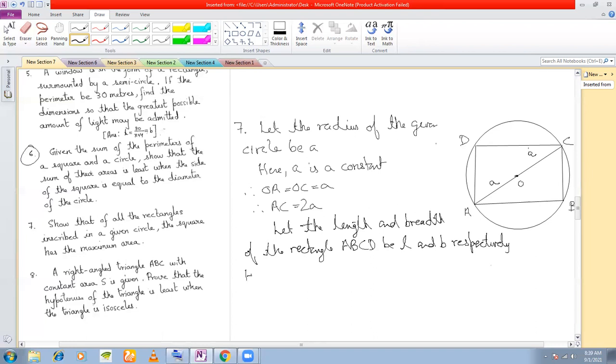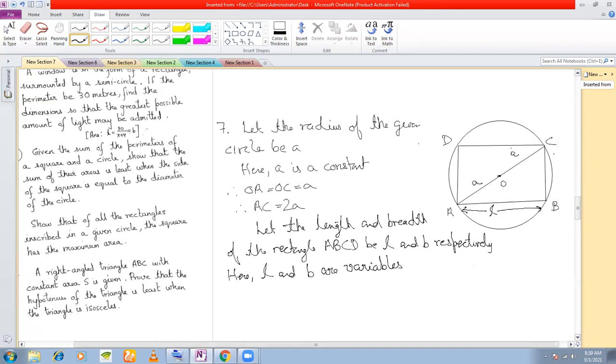So here L and B are variables, right? So this part is your L and this part is your B.